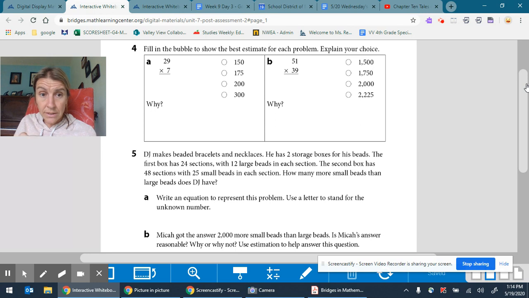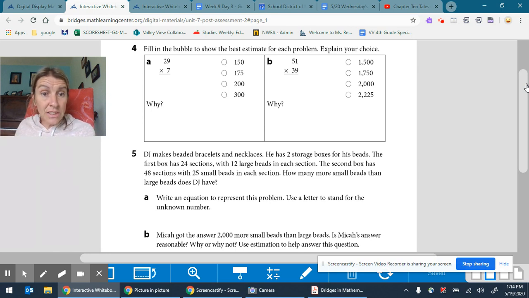So there's 24 sections, and each of those has 12 large beads in it. If I wanted to know how many beads were in that storage box, I'd just do a multiplication problem. The second box, so now we're a whole separate box, has 48. It has double the amount of sections.